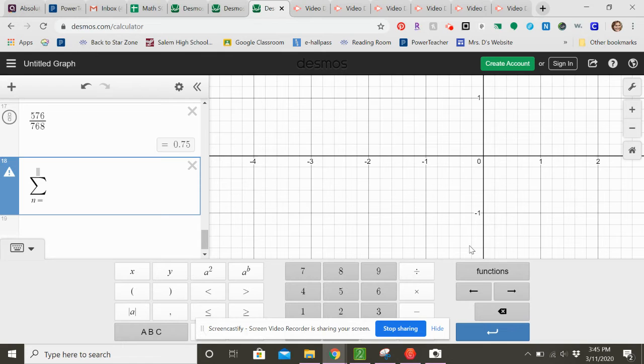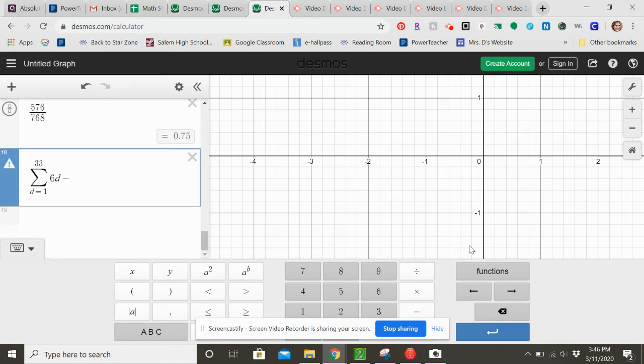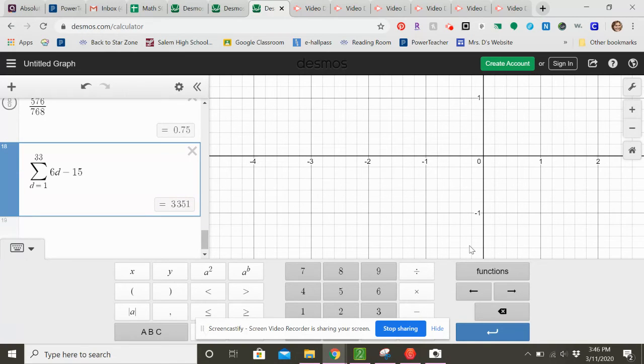The formula uses a, that's a little typo. The formula has a K and a D. I need to use one or the other, so I guess I'll use a D. D is equal to 1 up to 33, and this is 6D minus 15 as the function.